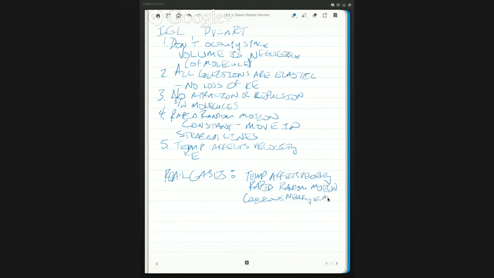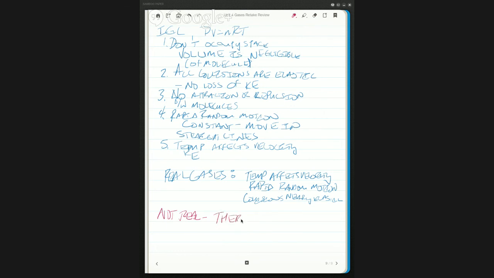Now, not so important. What's really important is which ones are not true for real gases. These KMT postulates don't happen for real gases. That would be the attraction and repulsion.